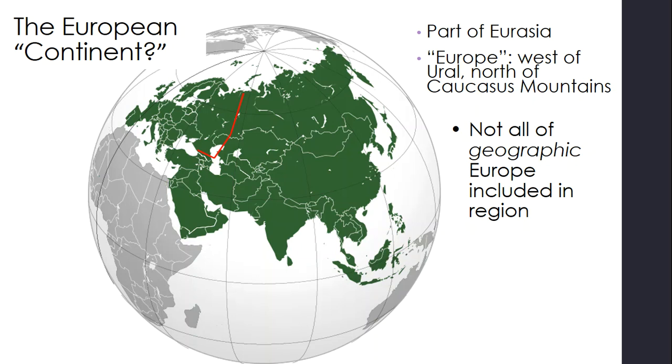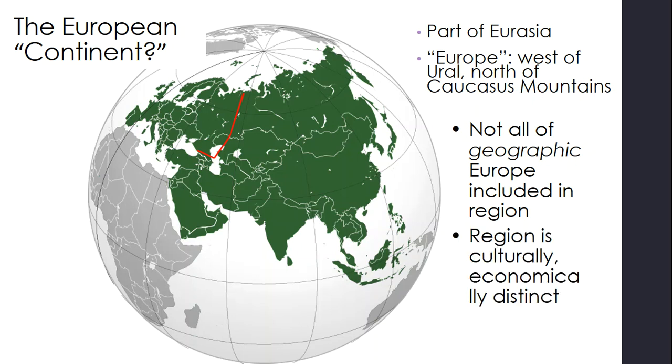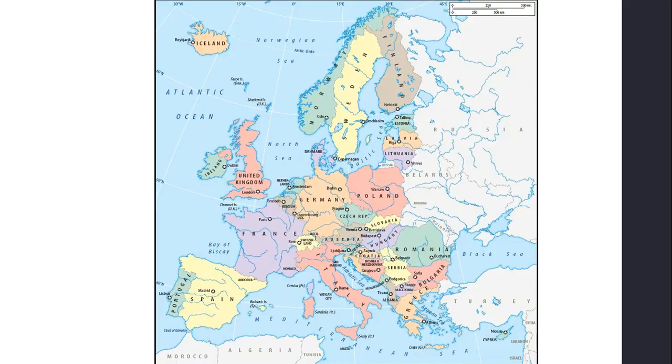Not all of geographic Europe is included in this region. This region is made up because of cultural and economic distinctions that make it a region. Again, I showed you this map before, but this is a map of Europe, and it obviously says what's in Europe, but it also says what is considered not to be in Europe.